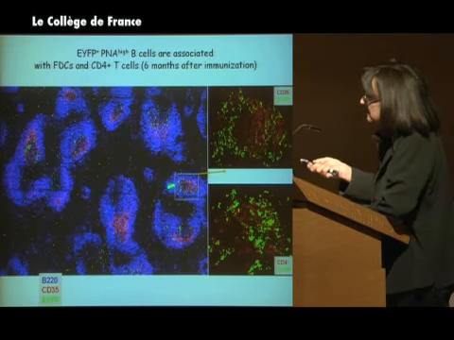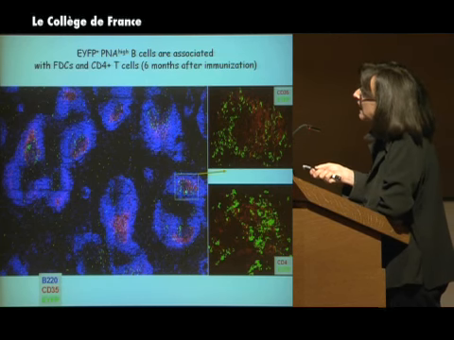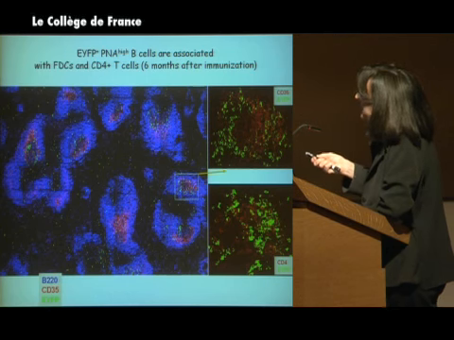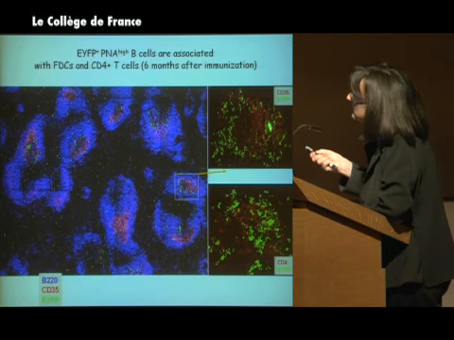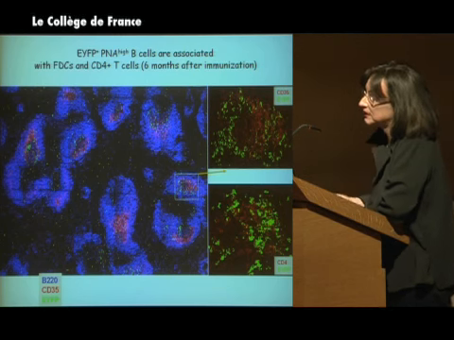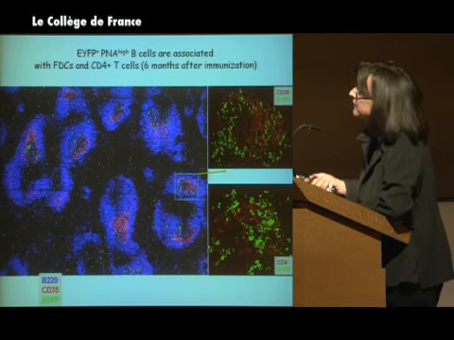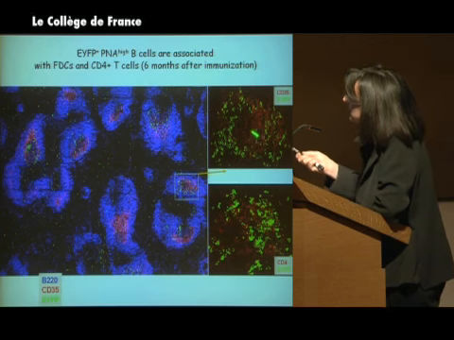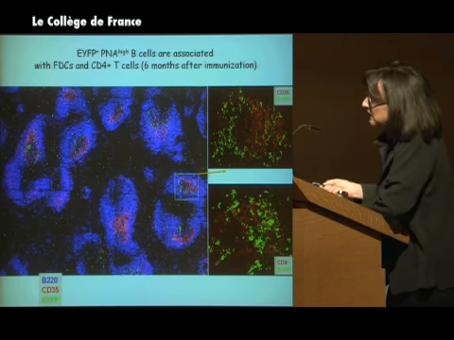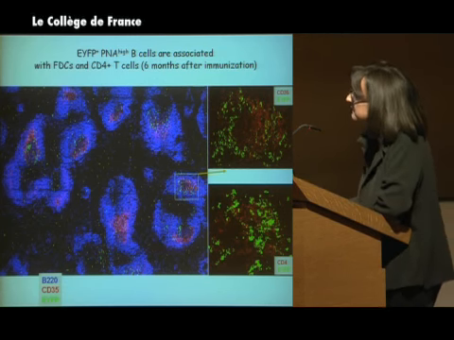And these persistent cells within germinal centers are in close colocalization with follicular dendritic cells, marked by CD35, a specific FDC marker. So they are in close colocalization with FDC and with CD4 cells that are most likely T follicular helper cells.